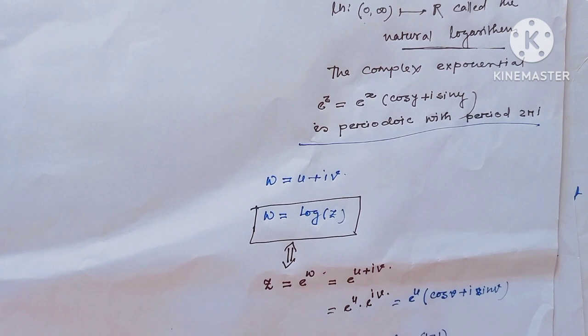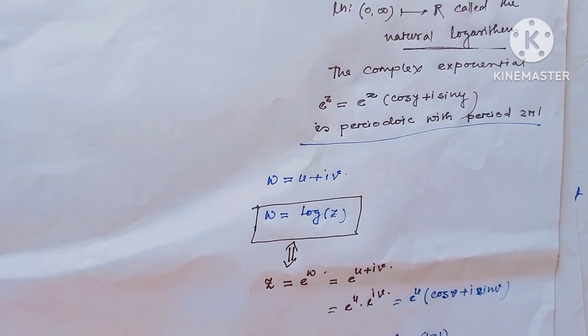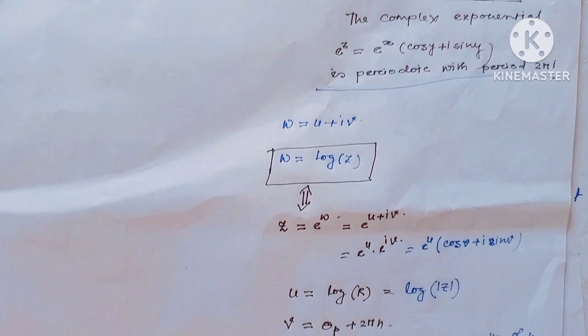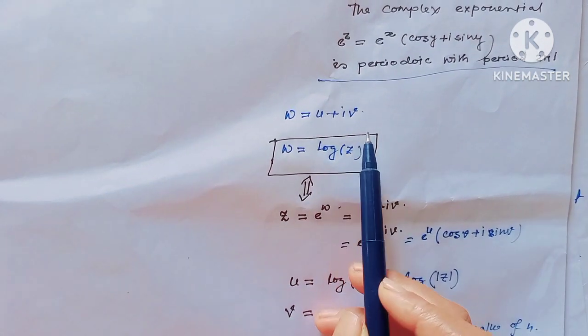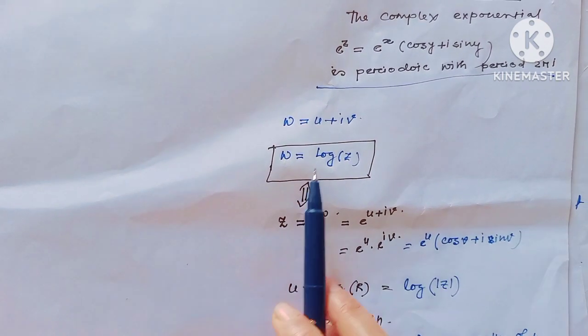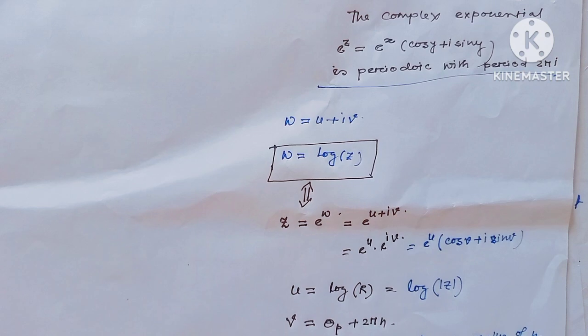Actually, I will explain why log z in complex analysis has multiple branches. Let w equal to u plus iv, and w equal to log z.